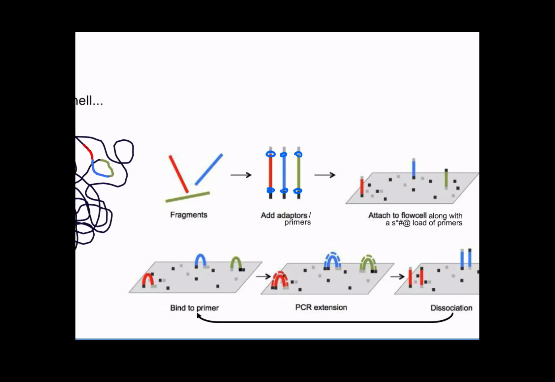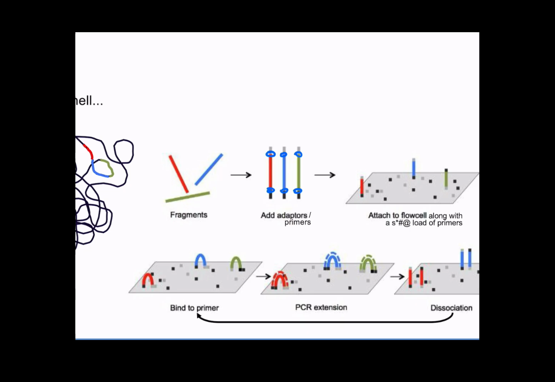Cool. Then what you do is you lower the temperature. You can think of these things, there is liquid on top, right? And you can think of these things as those wiggly inflatable dummies in car lots, right? They're floating around in the liquid. But when you lower the temperature, in that sort of bending that these fragments do, they may get close to some of the many primers that are surrounding them, right?